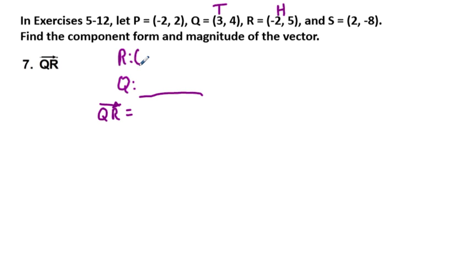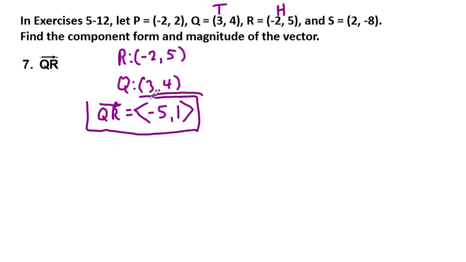Here we put the point for R, -2, 5, and point for Q, 3, 4. -2 minus 3 is going to be -5, and 5 minus 4 is 1. So that's going to be vector QR. And going over here to magnitude, we use the same distance formula.